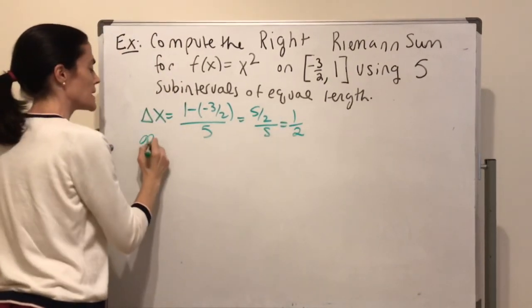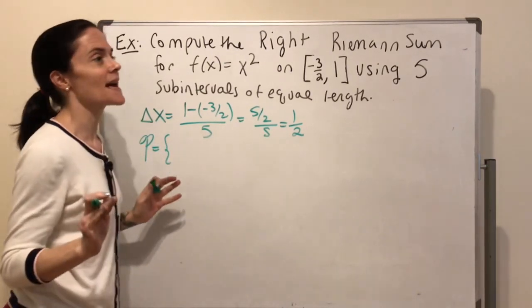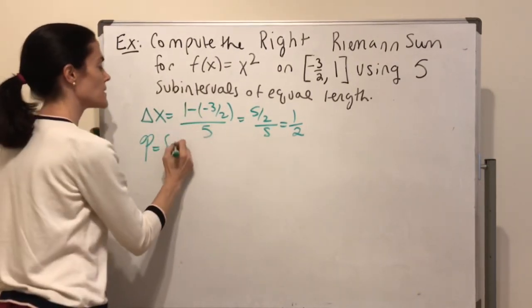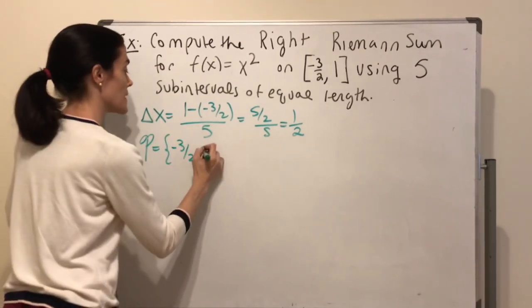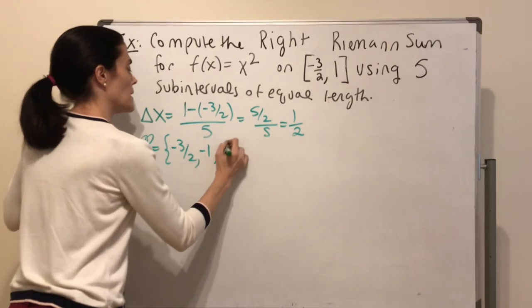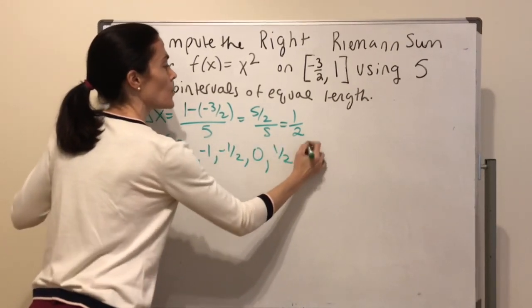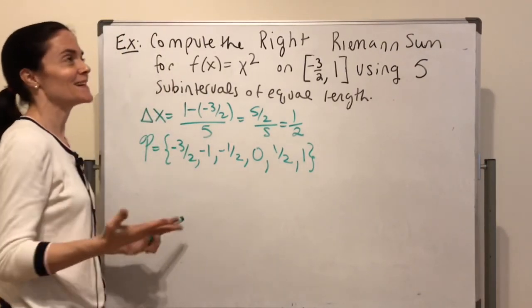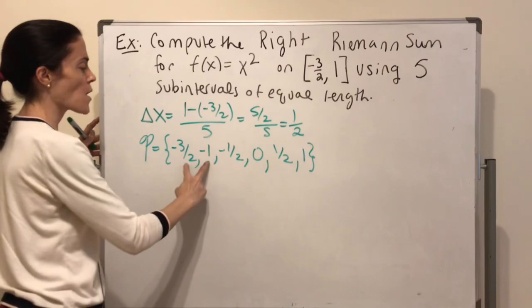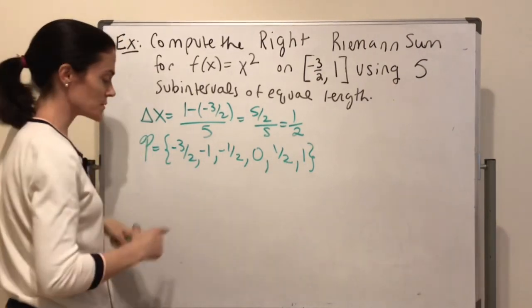We may immediately write down our partition. And just like the last two examples, we start with the left endpoint and we march forward by delta x until we arrive at the right endpoint. Okay, and then it's a good idea to check, we have 1, 2, 3, 4, 5 subintervals.